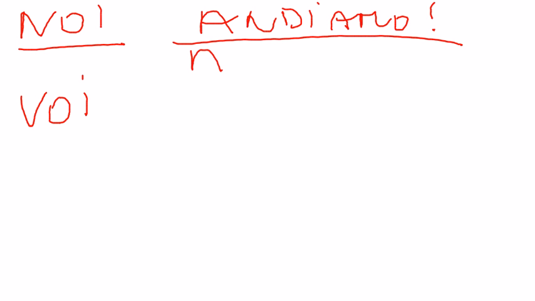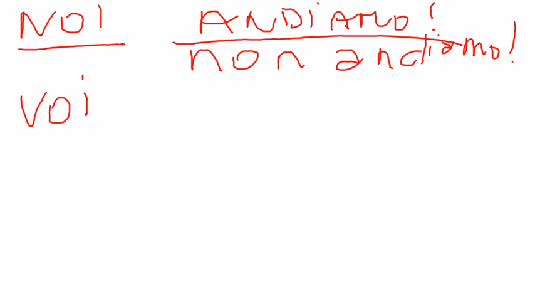You might actually say non andiamo, with a nice exclamation mark at the end. You are telling Marta, let's not go. Non andiamo a casa. Andiamo in discoteca. Let's not go home. Let's go to the disco. Okay? So just remember, you just use the noi form of the verb and you're in business.